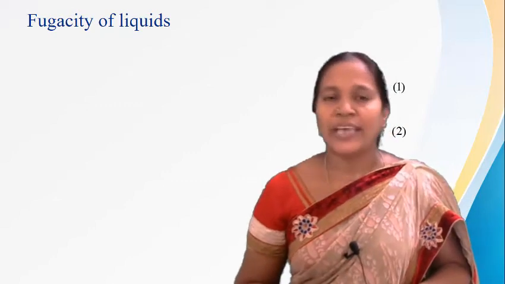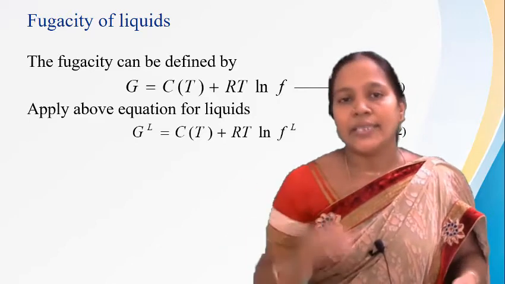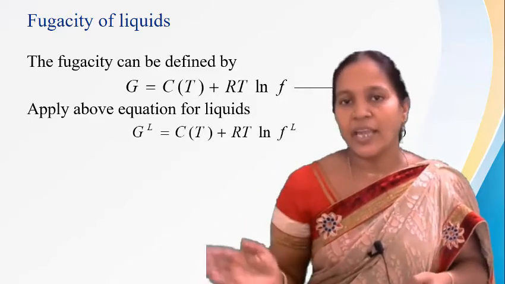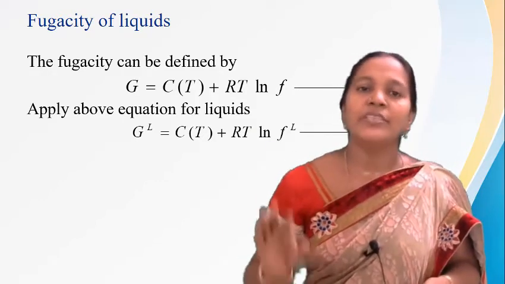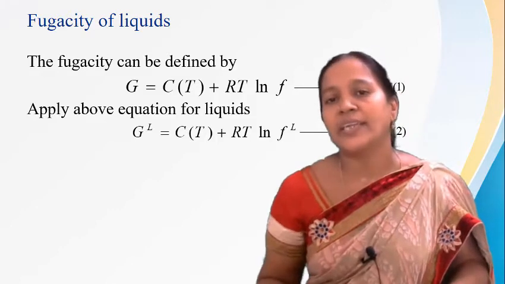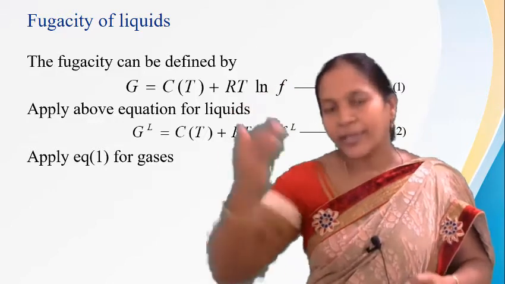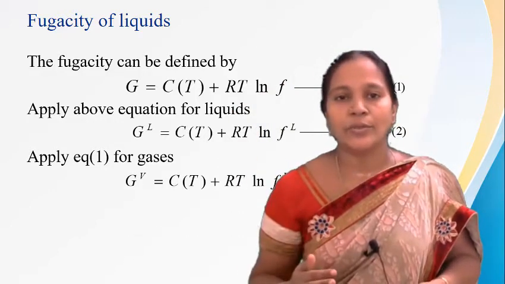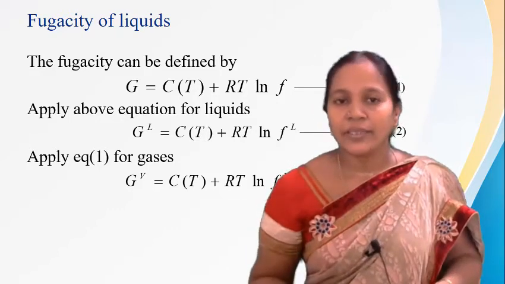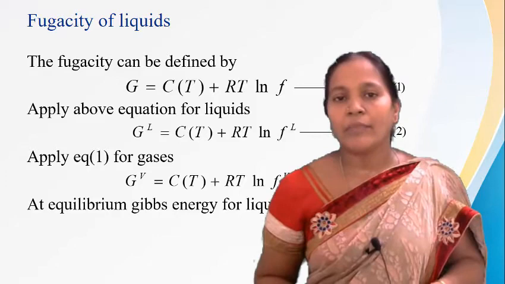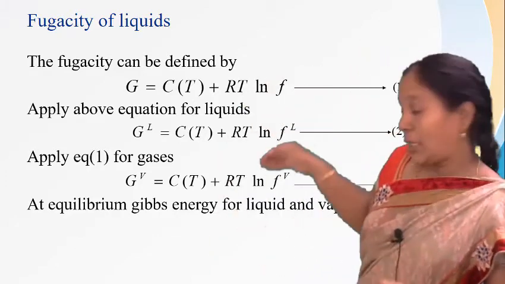Now coming to fugacity of liquids. Fugacity can be defined by G is equal to Gamma of T plus RT ln f. Apply this equation for liquids. Therefore, GL is equal to Gamma of T plus RT ln fL. Similarly, for gases, Gv is equal to Gamma of T plus RT ln fv. Note this equation as 3. At equilibrium, Gibbs energy for liquid and vapor are equal.